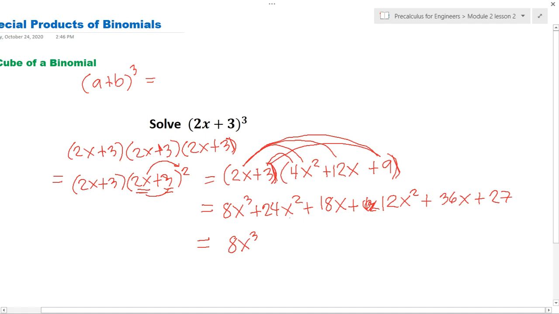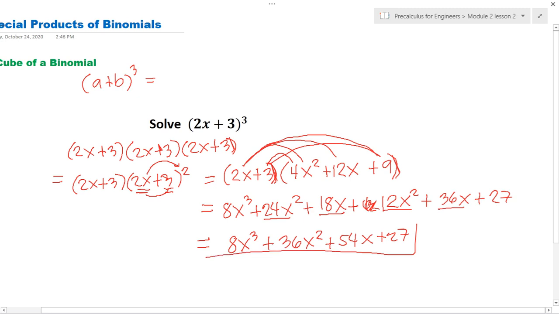Combine yung x squared, so we have 24x squared plus 12x squared. The answer is 36, so we have plus 36x squared. Then for x, so you have positive 18 here, plus 36, we have positive 54x. Then plus 27.